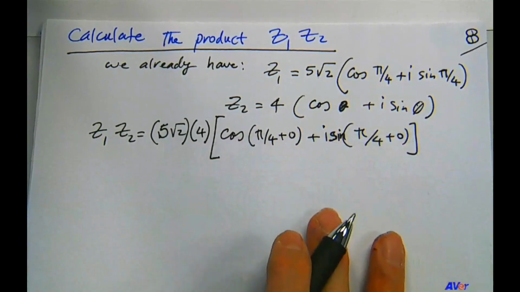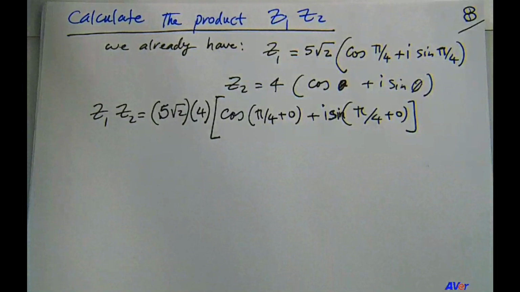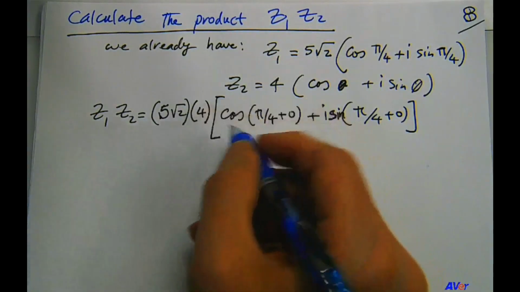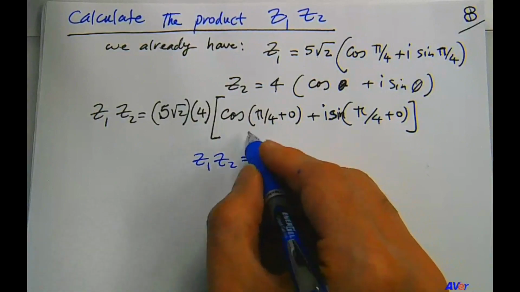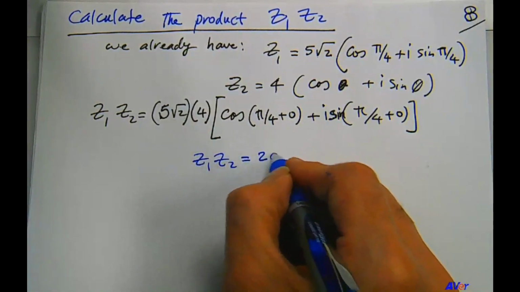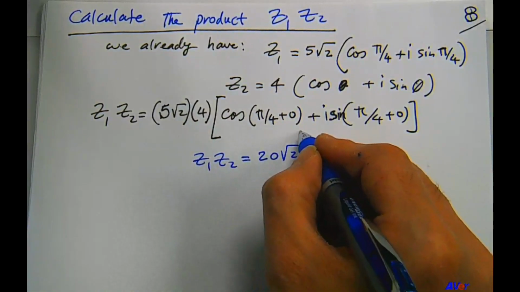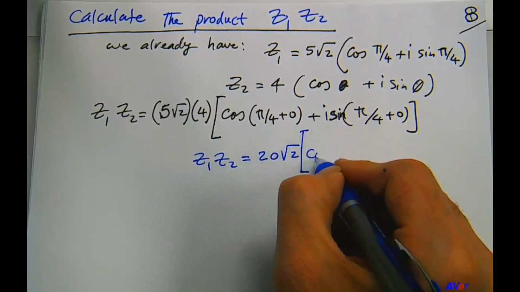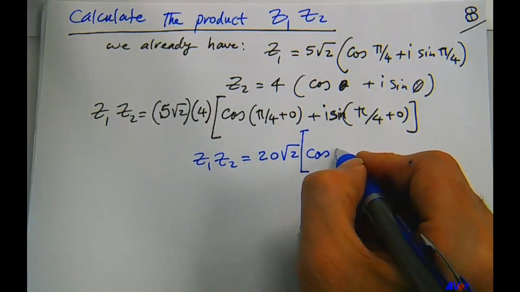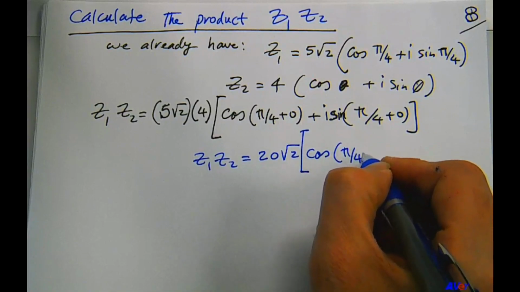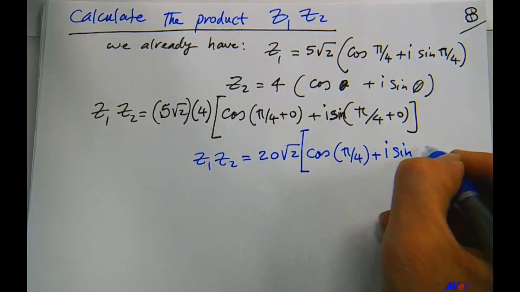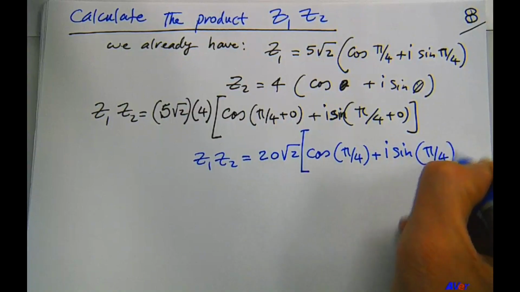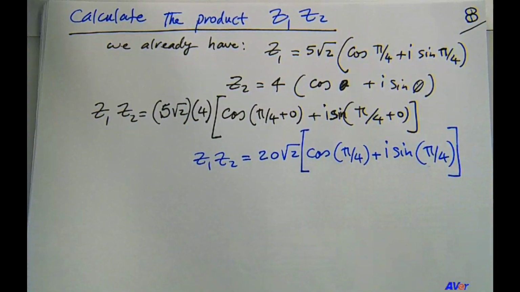So let's simplify this, and we have z1 z2 equals 20 square root of 2 times cosine of pi over 4 plus i sine of pi over 4, like that.